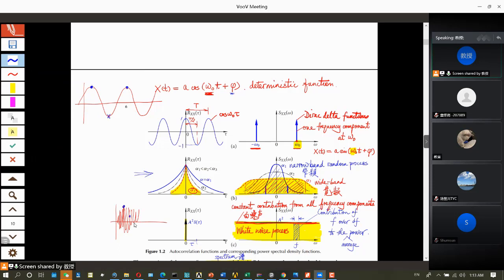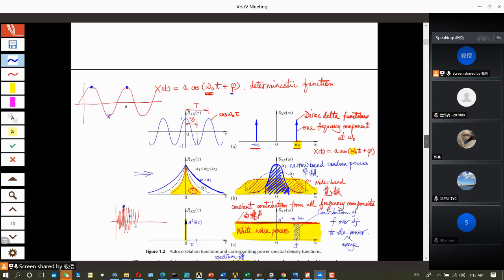You can see here the blue curve corresponds to a relatively flat correlation function. That means the flatter the correlation function, the narrower the frequency band of the power spectral density.